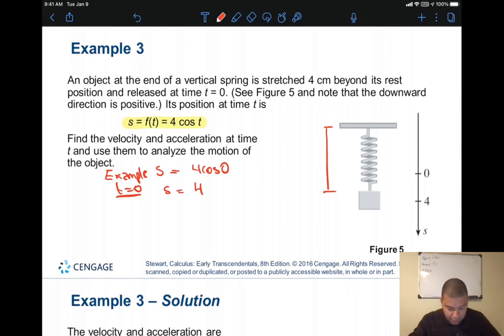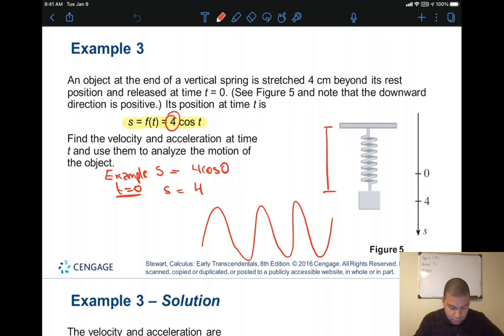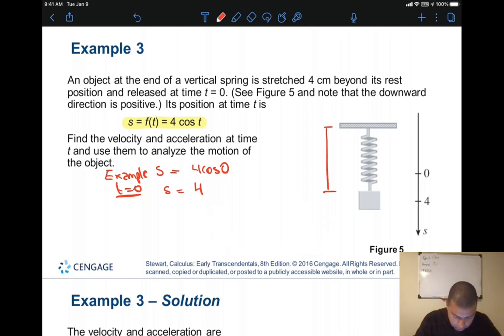If you graph the height, you get a graph of a cosine function dilated by 4, stretched out by 4 in the vertical, okay? There will be negative height. Let me correct the graph here, because they're saying this is the rest position.